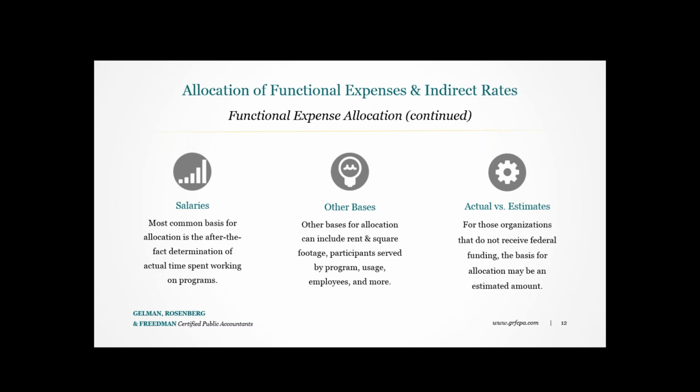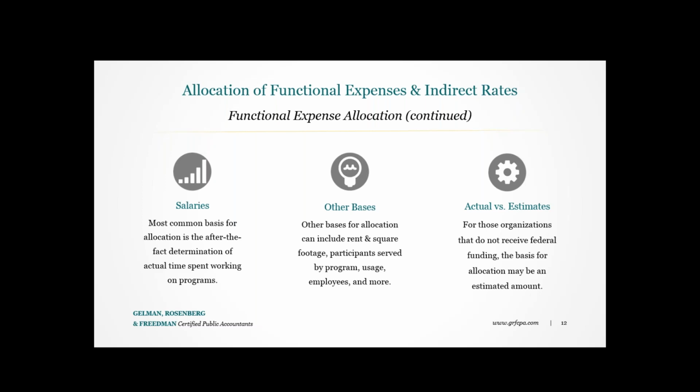And I know we have a lot of organizations on this call that range in size, range in complexity. Some have federal funds, some probably don't at all, maybe associations. Some might be very small and startup organizations, and timesheets just aren't feasible.